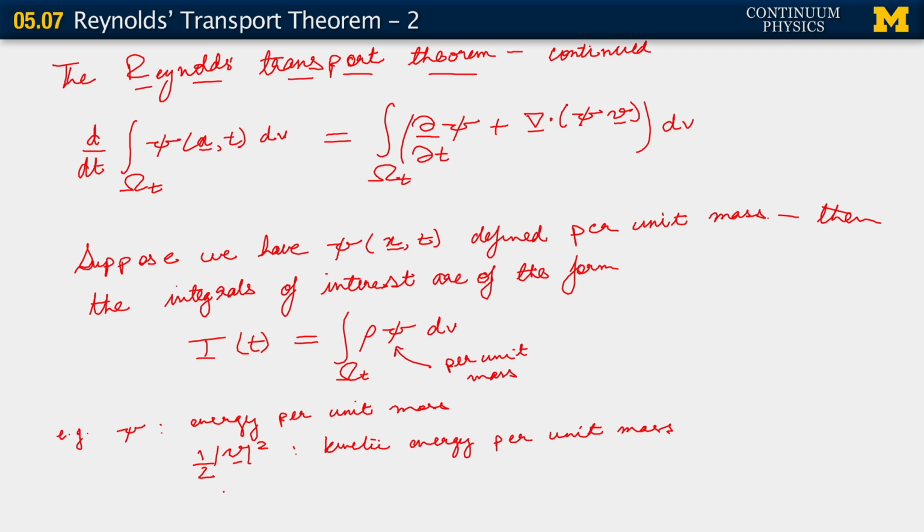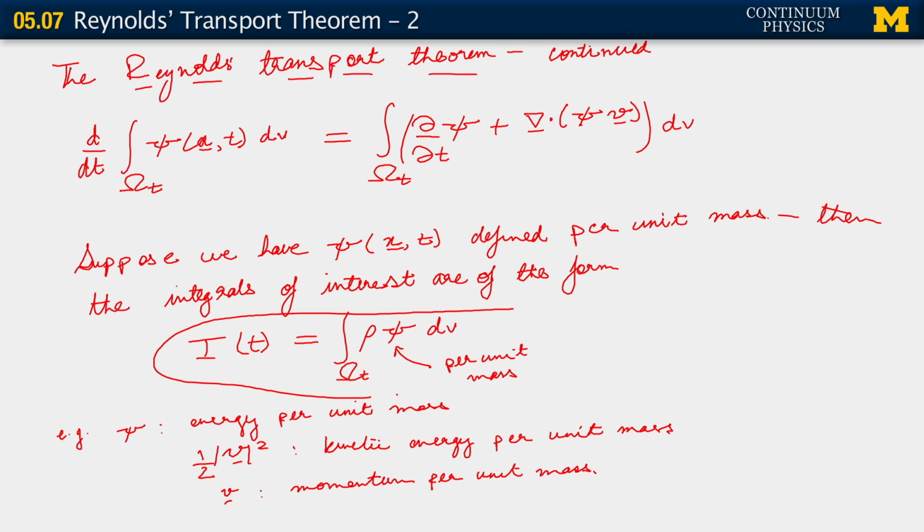And in fact, if you just look at v itself, v can be thought of as simply the momentum per unit mass. So these kinds of objects, when they need to be treated, will take us to the sort of integral that I've written up here.